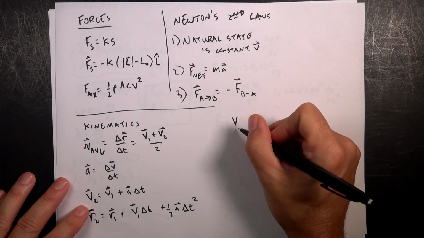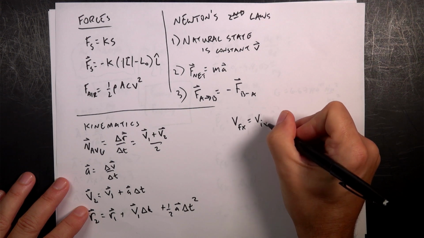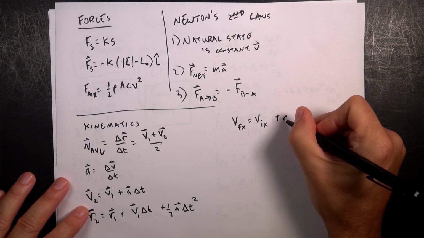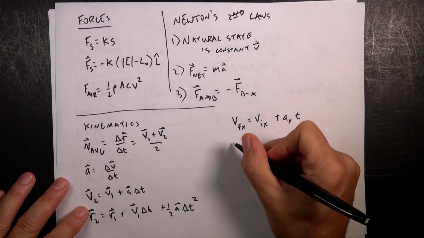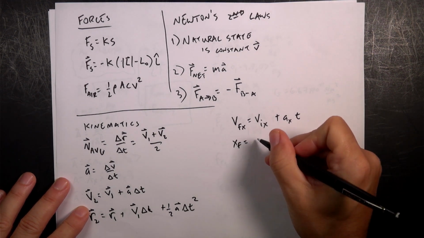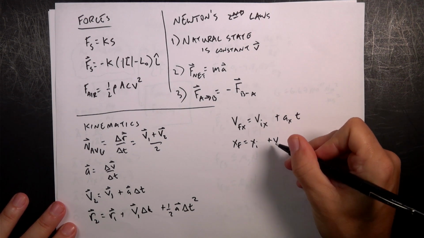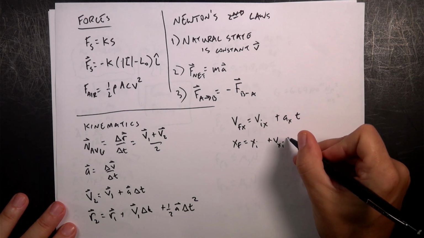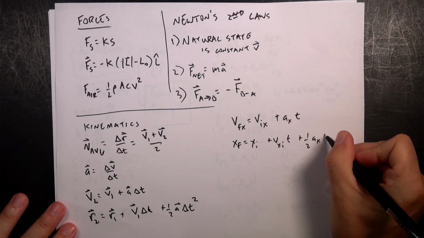V, sometimes I call it V final x, equals V initial x plus a x t. That's where you'll see it. And then x final equals x initial plus V x initial t plus 1/2 a x t squared.